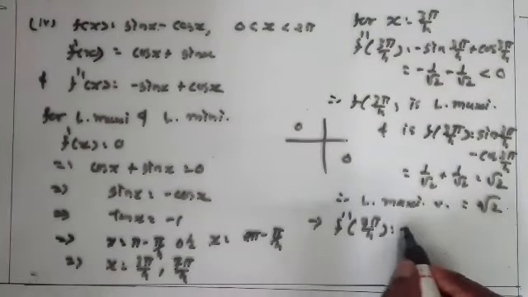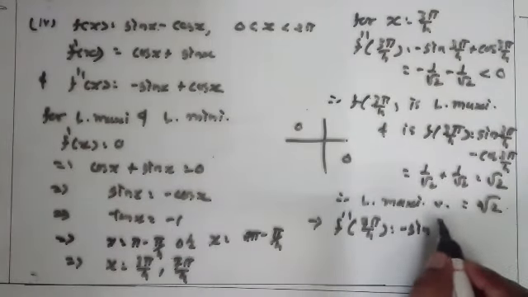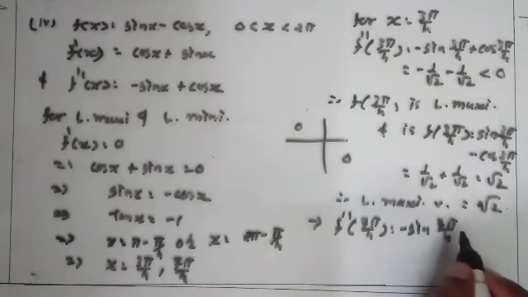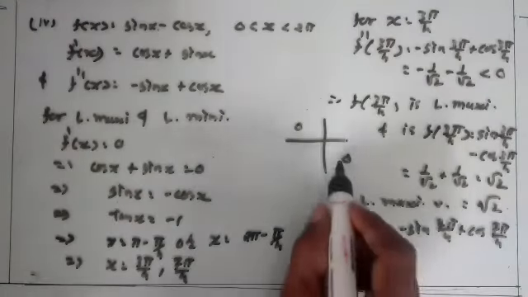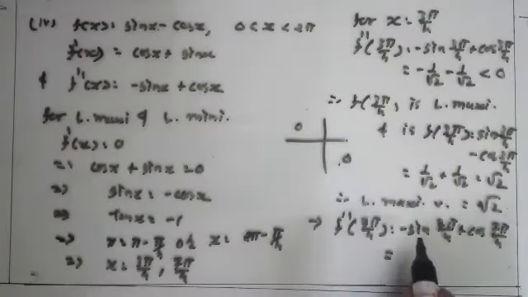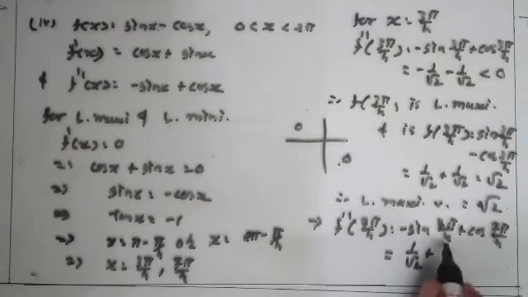minus sin 7π/4 plus cos 7π/4. In this quadrant, the fourth quadrant, sin is negative, so negative becomes positive, so 1/√2, and cos is positive, so plus 1/√2.